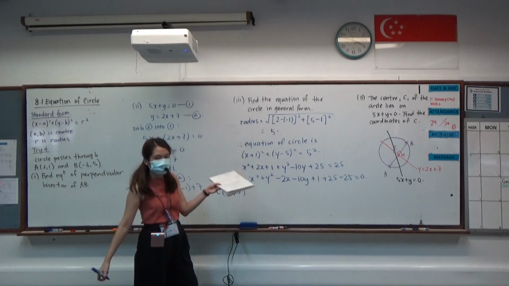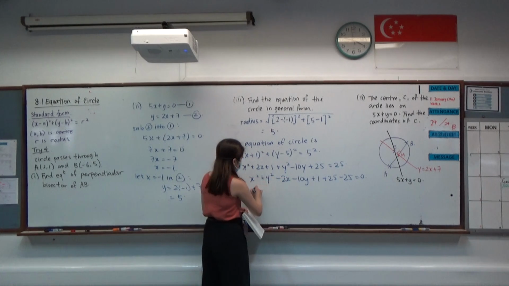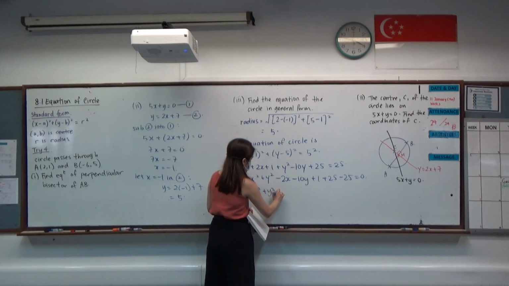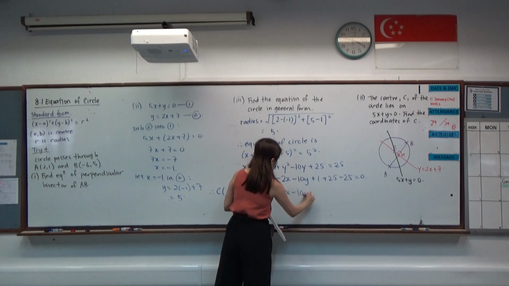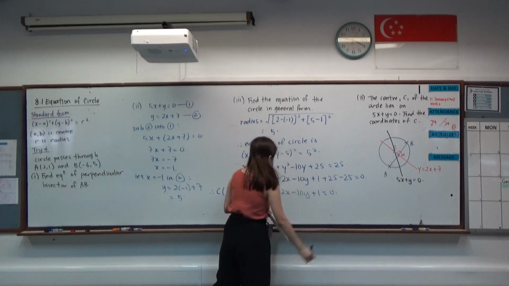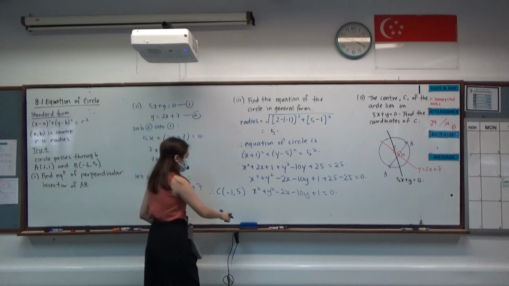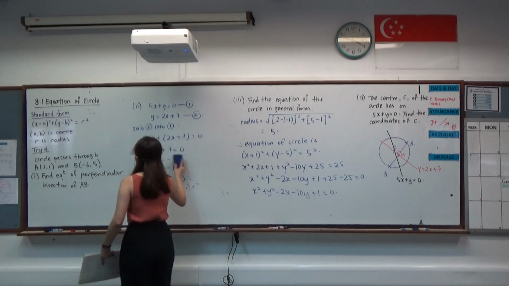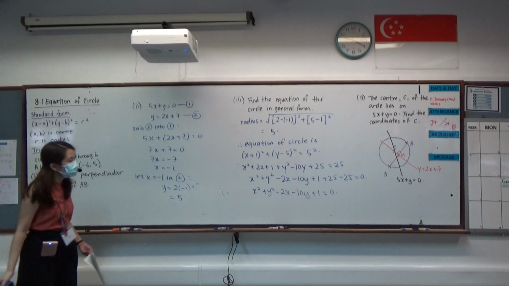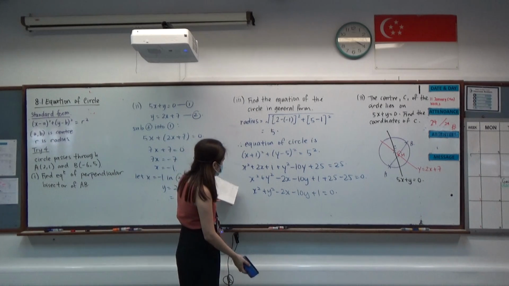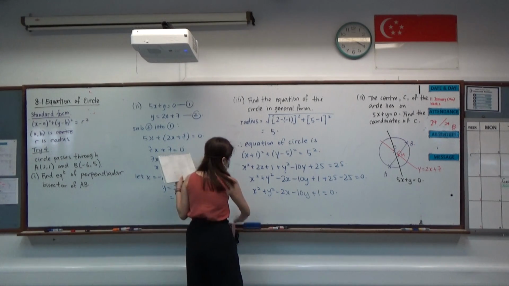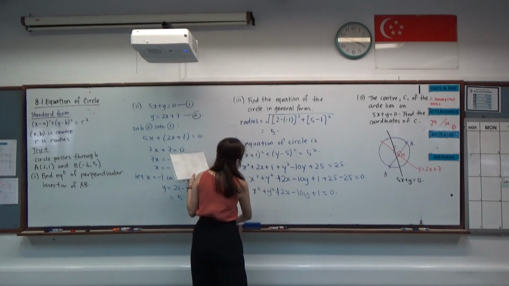In general form, it is always equal to 0 on the right hand side. And we get this. Oh, plus. Sorry, thank you.